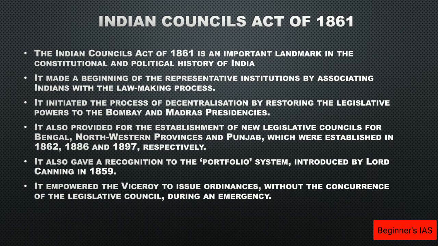And it also empowered the Viceroy to make rules and orders for the more convenient transaction of business in the council. Similarly, after independence the President does so. In the same way, during the British Crown rule, the Viceroy made rules and orders for the more convenient transaction of business in the council.